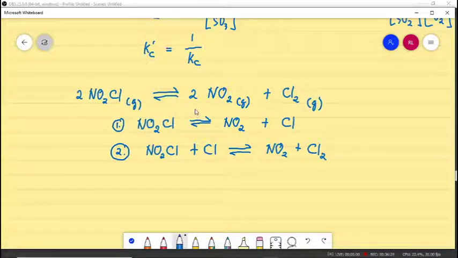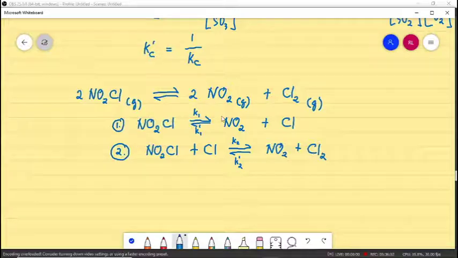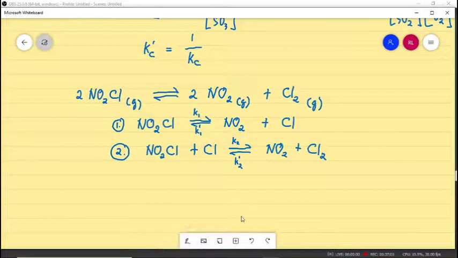So, for this one, you have small k sub 1, and then we have k prime sub 1. Okay. K prime because this is referring to the reverse. And then for the second, we have k sub 2, then k prime sub 2. Now, since an equilibrium is established, then therefore the 2 rates, forward and backward reactions are equal.